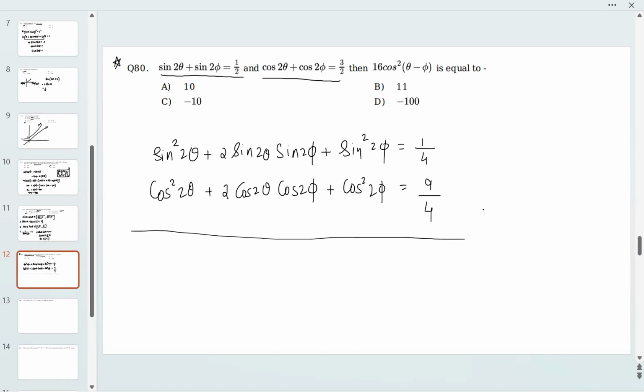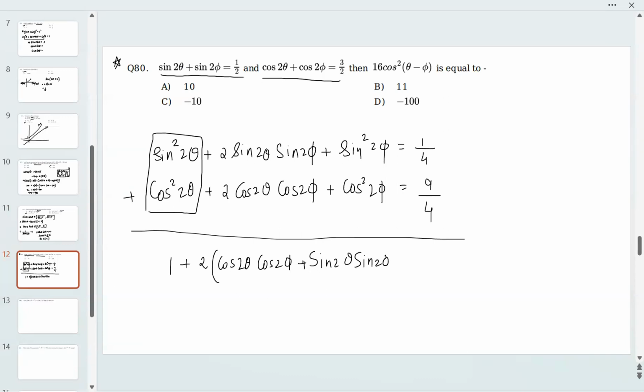Now please note, if I add these two equations, I will get sine square 2 theta plus cos square 2 theta, which is 1, plus, from here I can take 2 common, cos 2 theta cos 2 phi plus sine 2 theta into sine 2 phi. And again here, after adding sine square 2 phi plus cos square 2 phi, we will get 1.